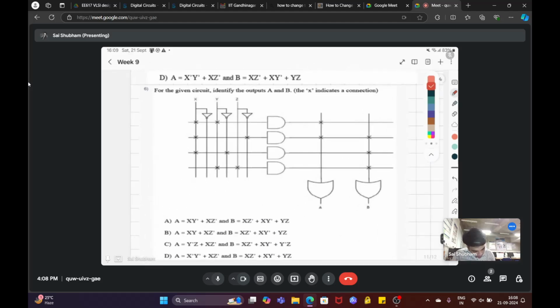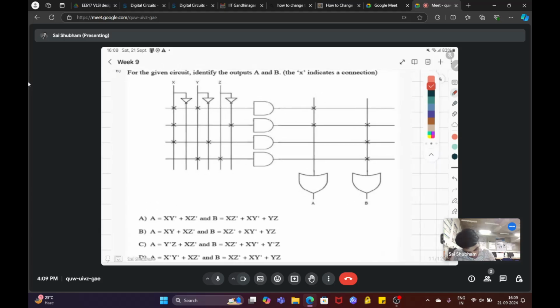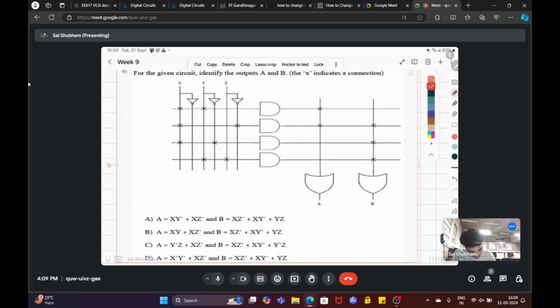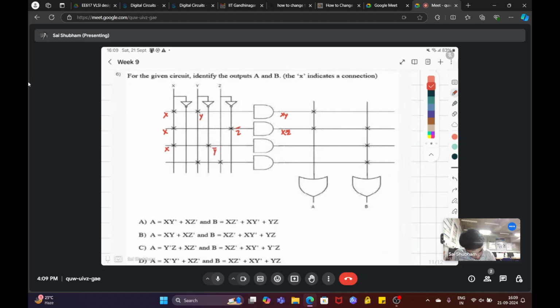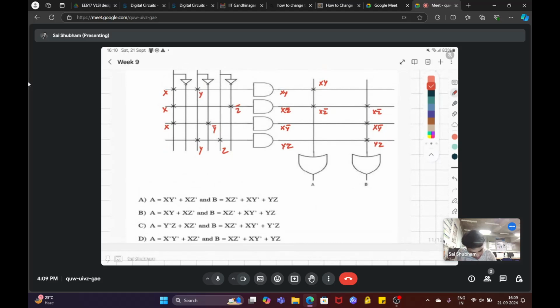So let's discuss the solution. We have, so it will be xy plus xz bar.